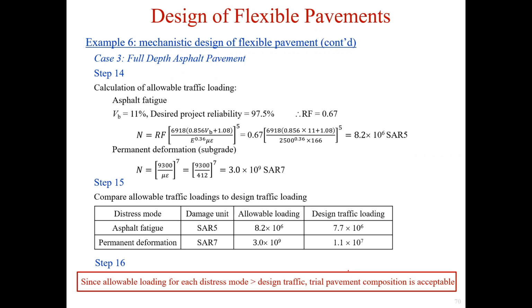We concluded that since the allowable loading for each distress mode is greater than the design traffic, this trial pavement composition is acceptable. I hope through these three cases, you are able to master the design procedure of flexible pavement.